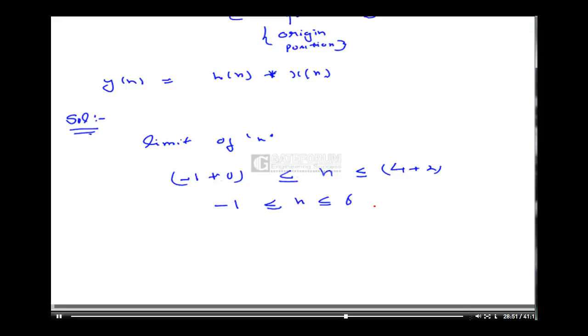Total number of terms will be there. Okay. Now I will just draw x of n minus k. H of k will be something like this.